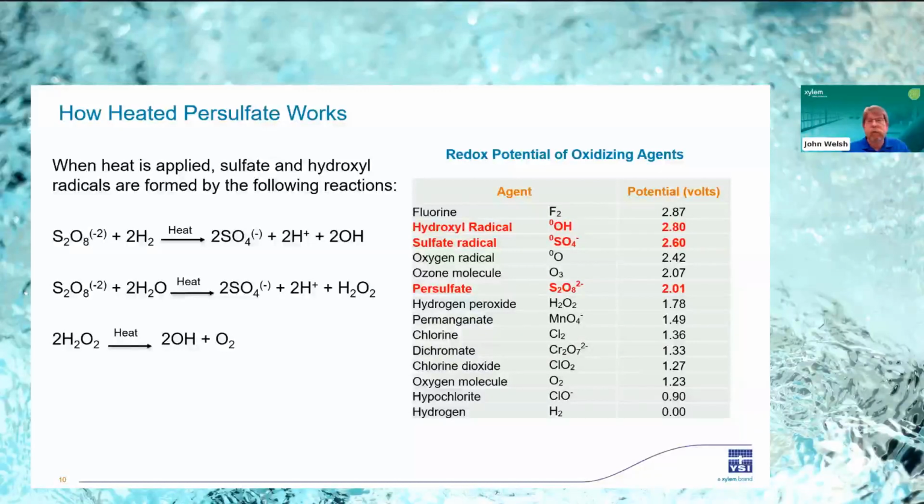In addition to the formation of hydroxyl radicals, other very highly reactive radicals are also formed. These include the sulfate radical and the persulfate ion. All of these species combine to make persulfate a very powerful oxidizing agent.